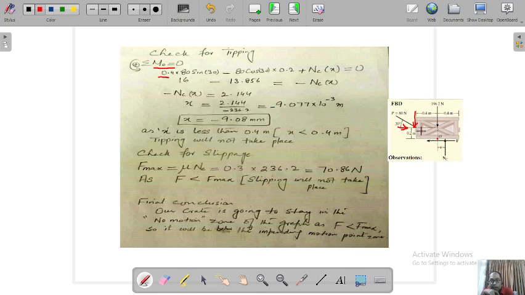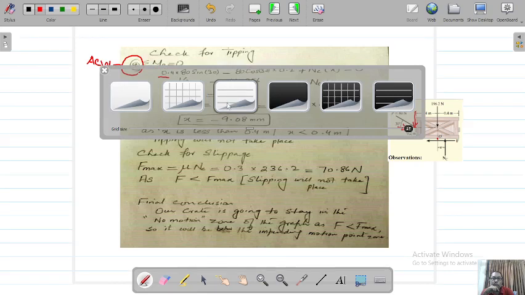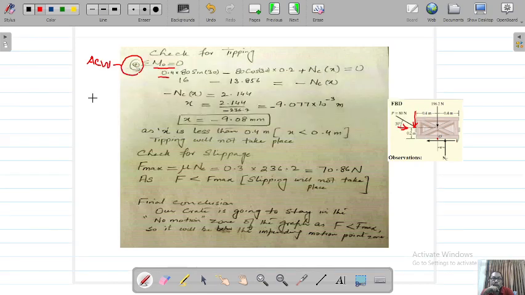Looking at this 80 sin 30, we are taking the moment summation in the anti-clockwise direction, which means anti-clockwise moments will be positive.